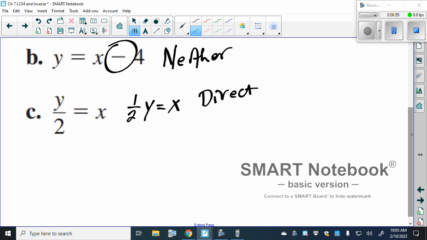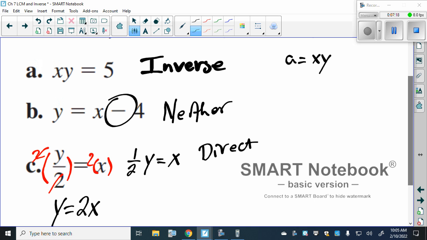And if we'd actually multiplied both sides by 2, well, here the 2 and 2 would cancel, leaving us with y is equal to 2x. So it'd make it direct. Any questions on these three here?